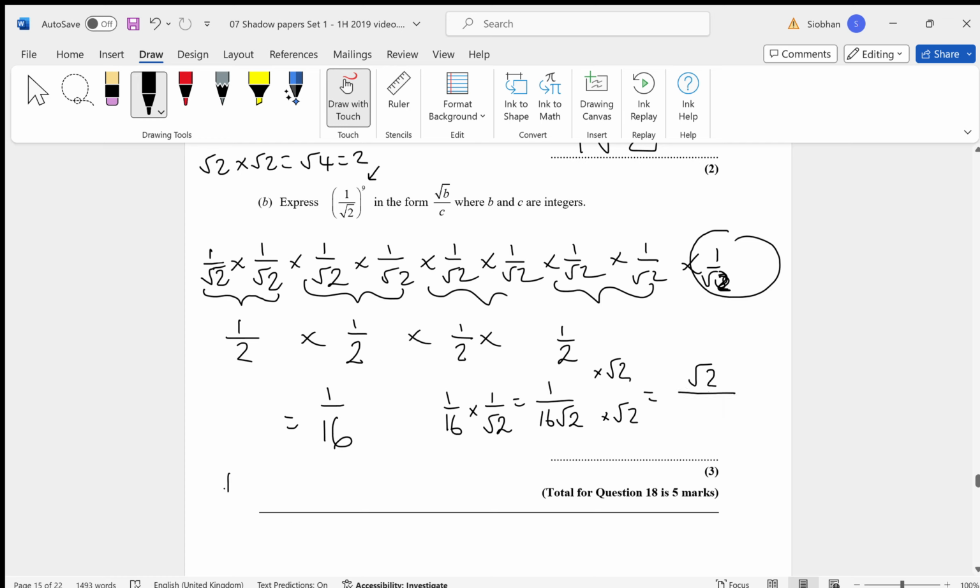Let's do some calculations to the side. We've got 16 root 2, and we want to times that by another root 2. We'll just look at the root 2's to begin with. Root 2 times root 2 is root 4, and root 4 is 2. So that means we've got 16 lots of 2, which gets 32. So 32 is the denominator.